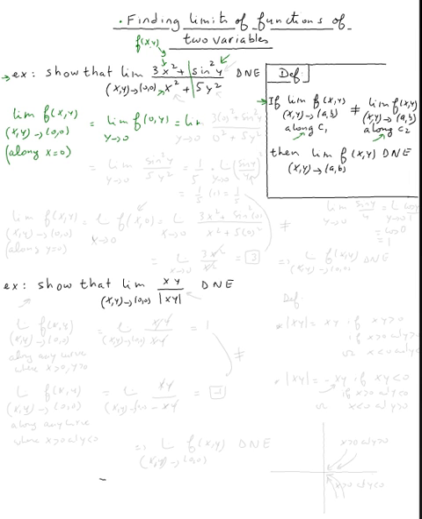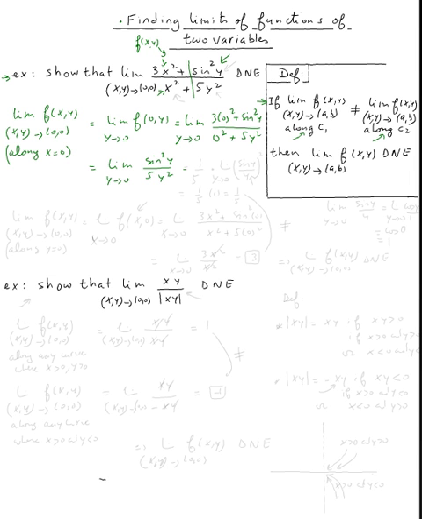This will be the limit of (3 times 0 squared plus sine squared of y) over (0 squared plus 5y squared) as y approaches 0, which is equal to the limit of sine squared of y over 5y squared as y approaches 0.